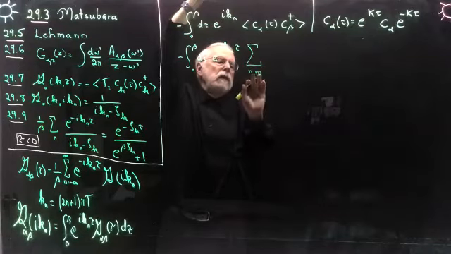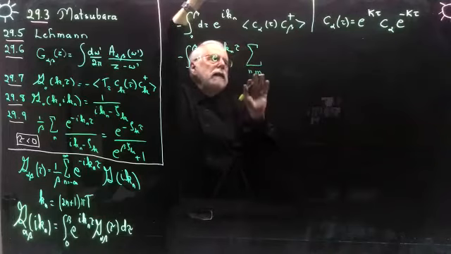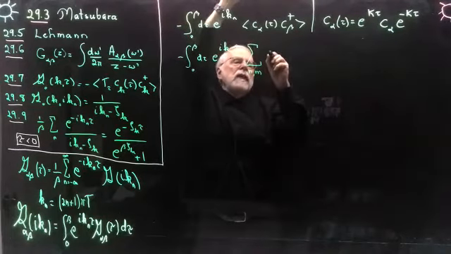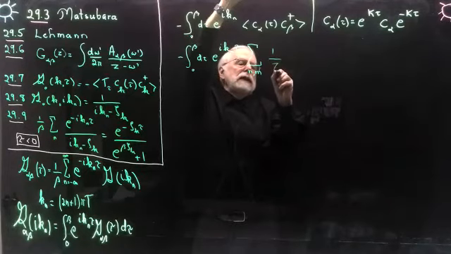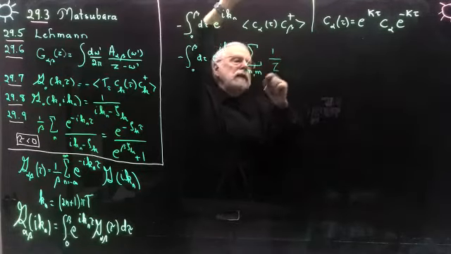These will label energy eigenstates. Then I have 1 over Z. So the sum over n is the trace here.